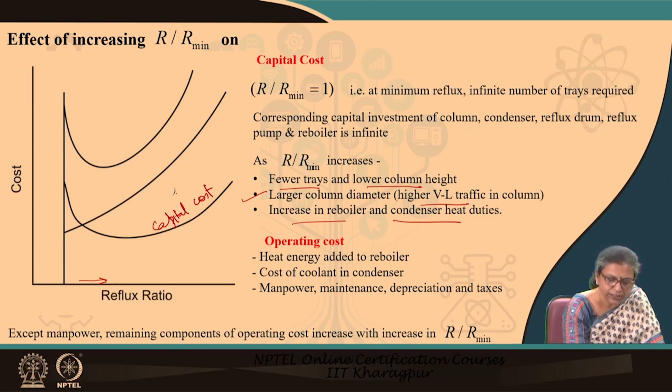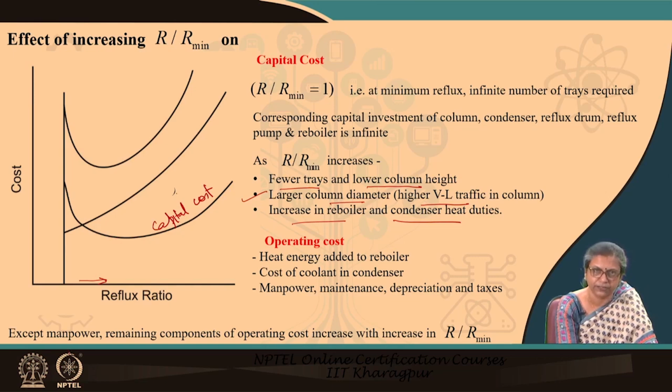So as you increase reflux, we find initially there is a decrease in cost, primarily because the number of trays and hence the column height start decreasing. But since the column diameter and the condenser and reboiler heat duties are increasing, this decrease occurs only till a particular limit, and after that the capital cost starts increasing.